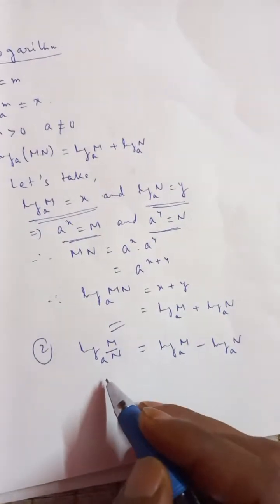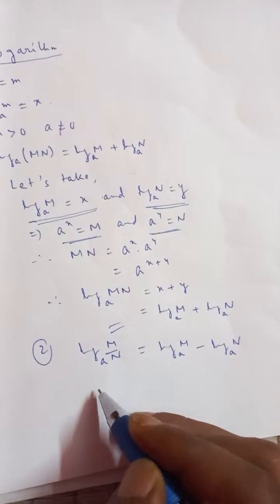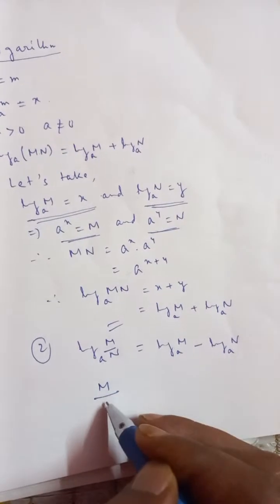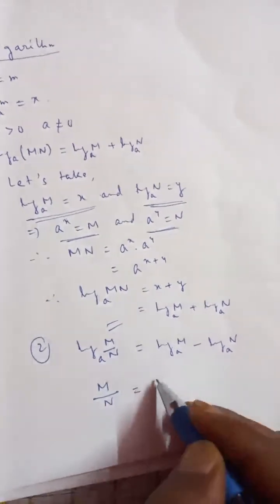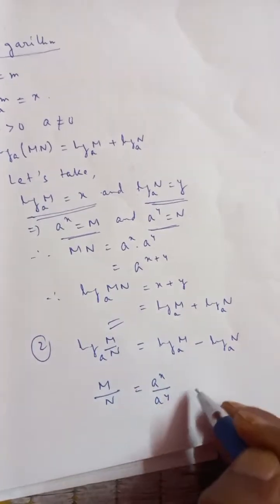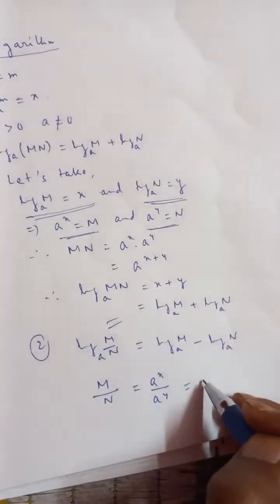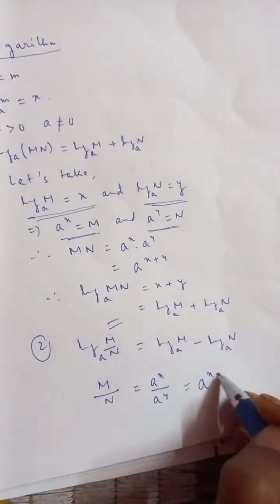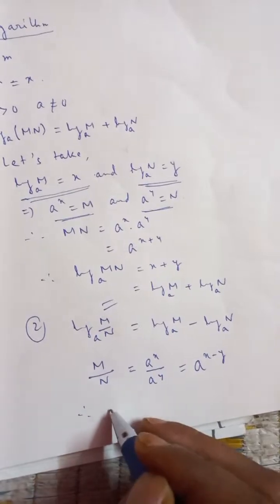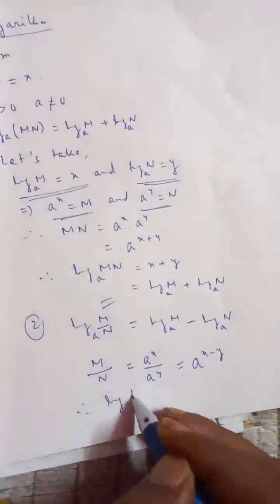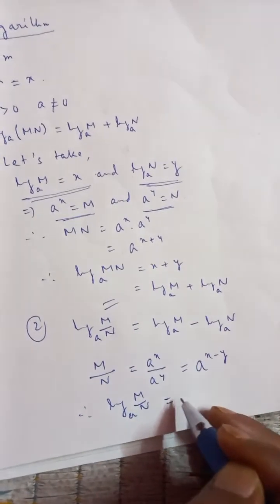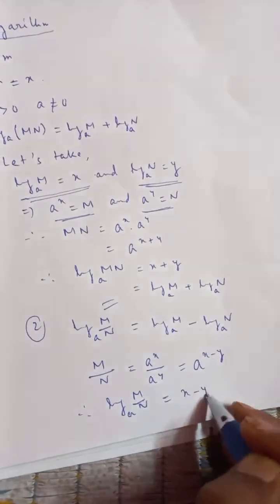So if we put this and find out m by n, we have a to the power x by a to the power y. So from the second formula we have a to the power x minus y. So in logarithm form this will be log of m by n base a equal to x minus y.